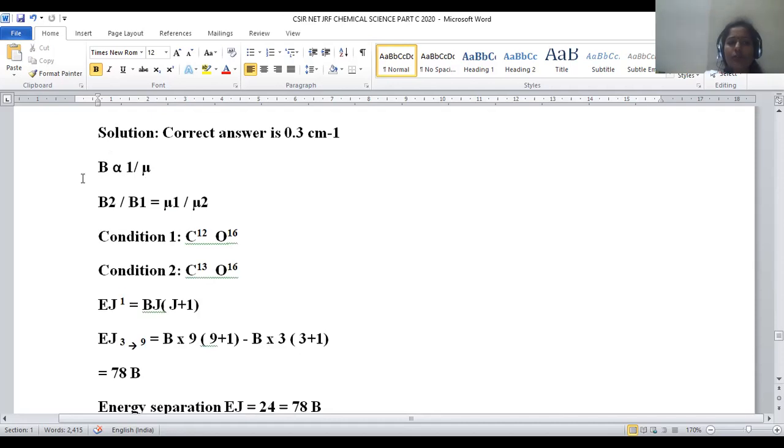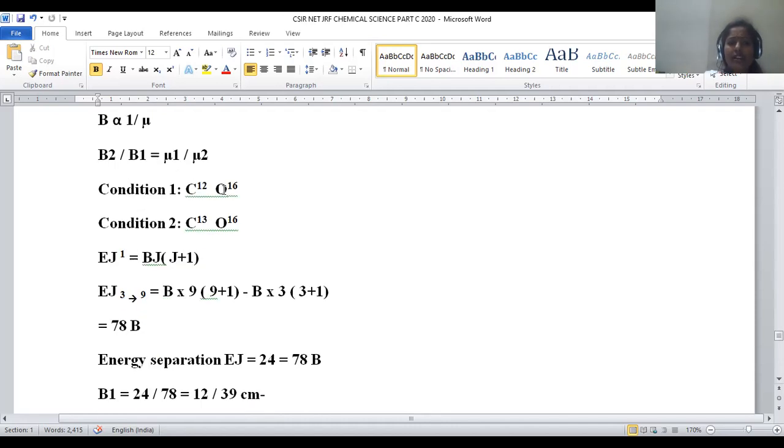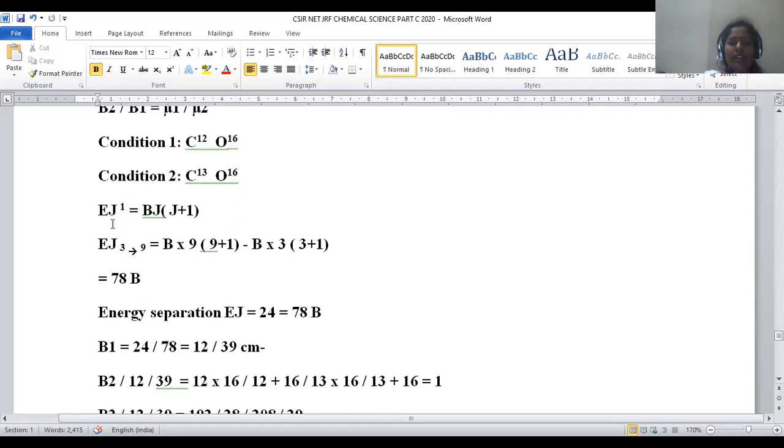There is an inverse proportionality, so these terms will be reversed. The ratio B2 by B1 is given as mu1 by mu2. In condition 1, C12 and oxygen 16 are given. In condition 2, C13 and oxygen 16 are given.